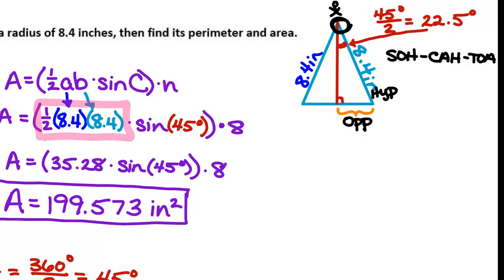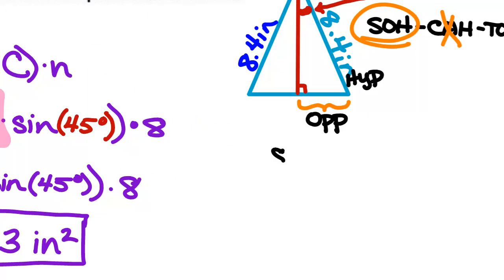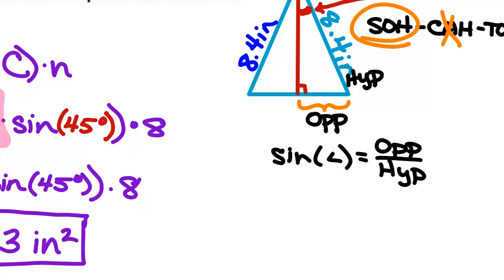So sine, cosine, or tangent? Sine, because that's the one that uses opposite and hypotenuse. We don't care and don't know about the adjacent side. All right, so we have sine of the angle is equal to opposite over hypotenuse.